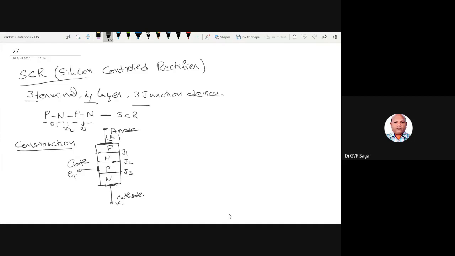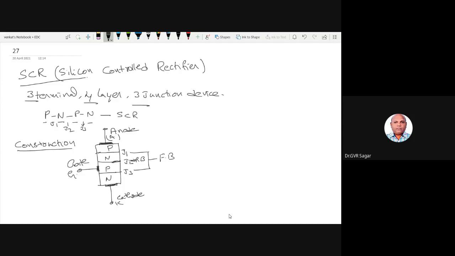In this, junctions J1 and J3 operate in forward bias. Whereas junction J2 operates in reverse bias, in the reverse direction.